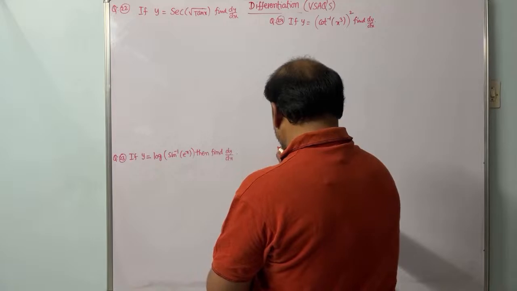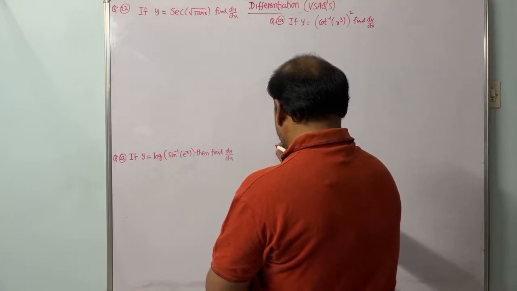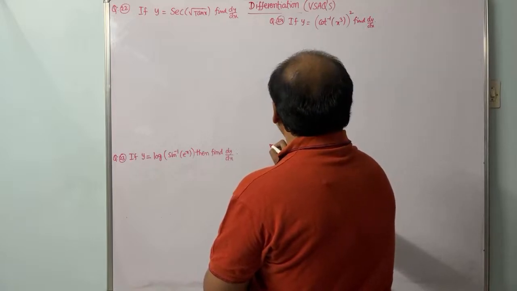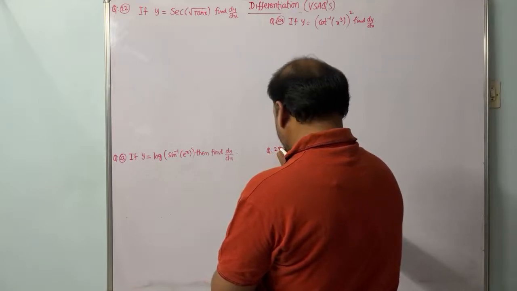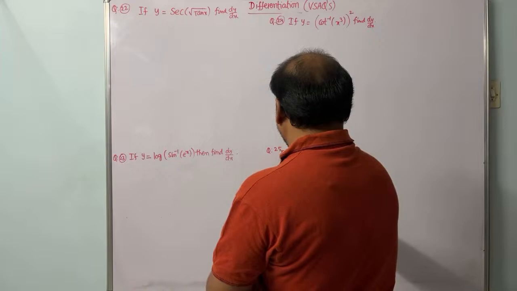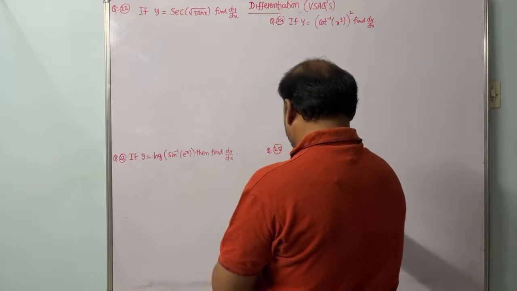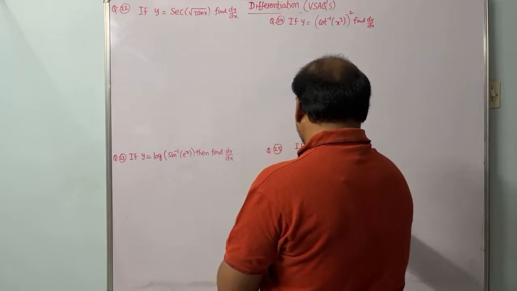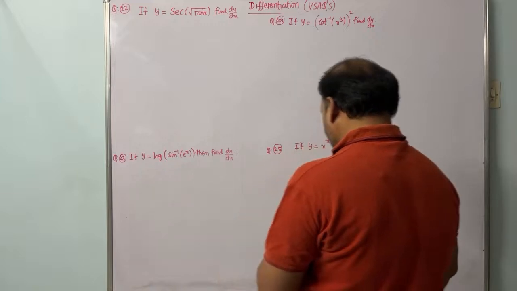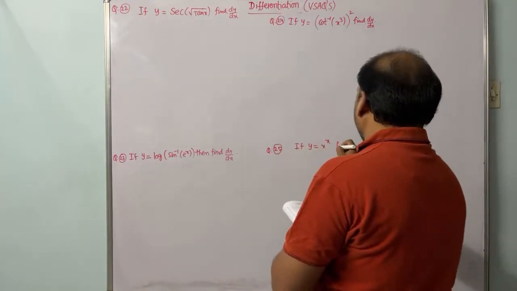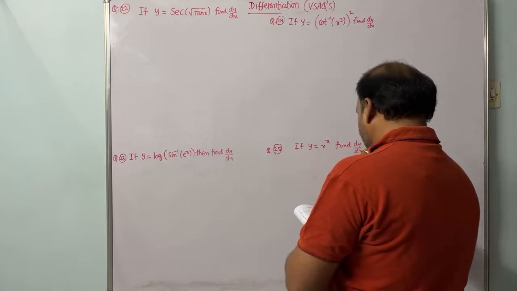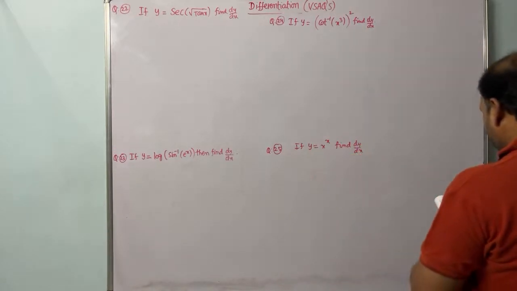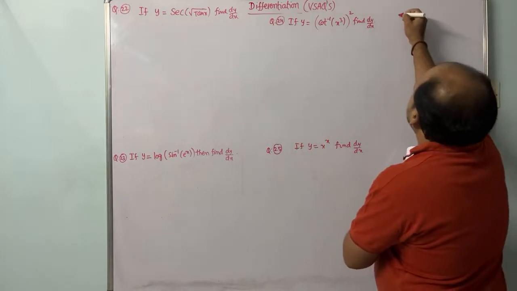Next question, question number 25. If y equal to x power x, find dy by dx. Question number 26.